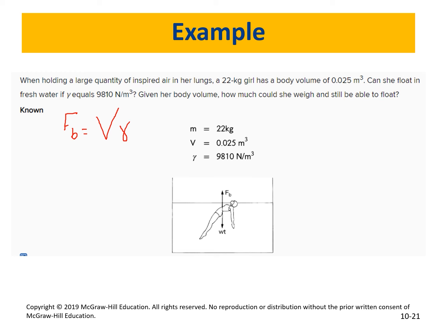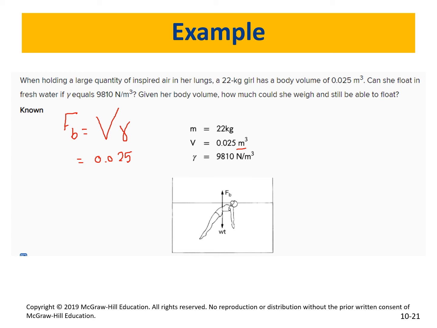So here, if you want to do the multiplication, the volume is 0.025. Why did I use this? Because they said that's the volume of the body, right? The entire body. And that's how much water will be displaced if she got into the water. Now, remember, you need to make sure that it's meter cube, so that the units are multiplied correctly.